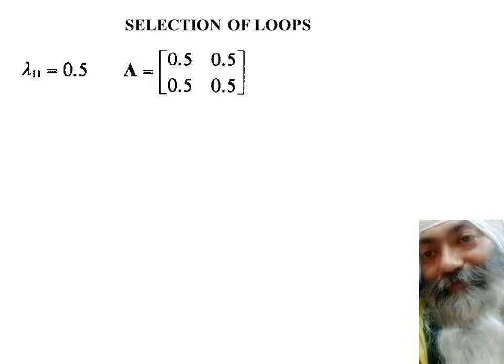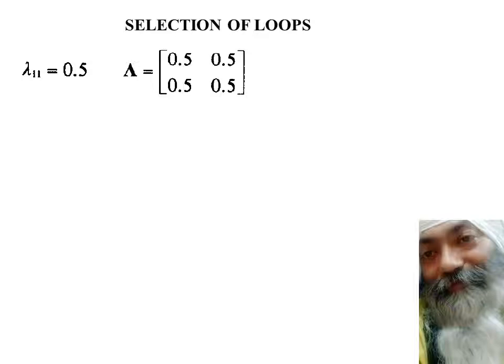We will have to design some kind of cross controllers in which we have to bring these lambdas nearer to 1. See, if it is 1 or 0.8, it is okay. If it is 0 or 0.2, even then it is okay. But the moment it becomes 0.5, this is perhaps the worst case.